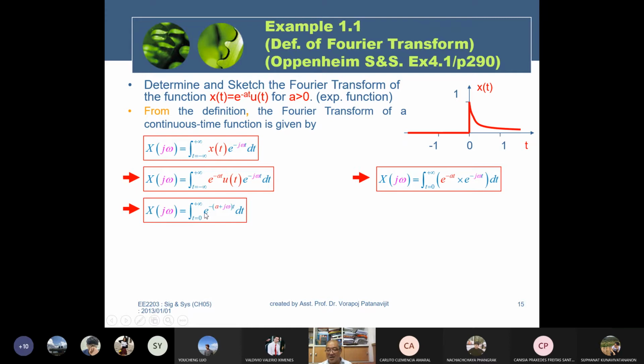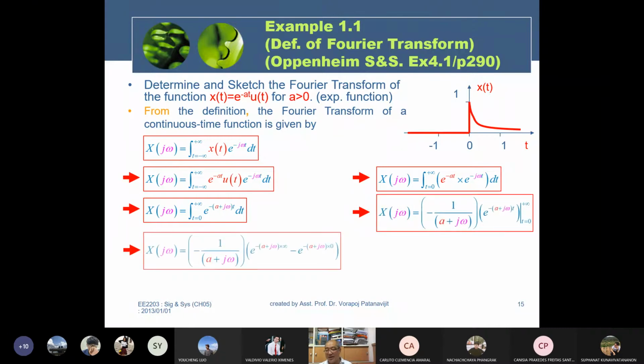You can group the exponents, and integrating e^(-(a+jω)t) gives you that exponential divided by -(a+jω). Then you substitute the limits from infinity and from 0. At infinity, the exponential with a negative power goes to 0, so you can eliminate that term. Anything multiplied by 0 gives you 0, and anything to the power 0 gives you 1, so it becomes 1 here.